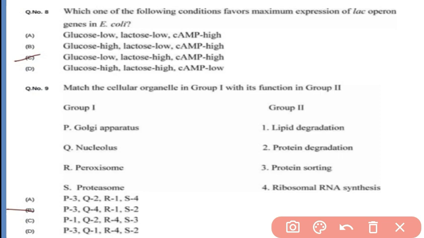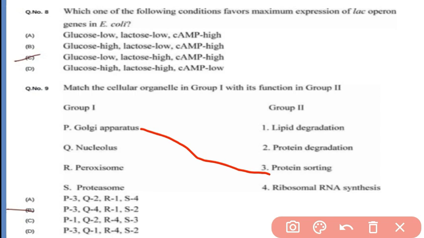Then match the cellular organelles in group first with their function in group second. The Golgi apparatus is the post box of a cell. It transports proteins and other material to a particular destination in the cell. So it is a protein sorting organelle, and it matches with protein sorting.